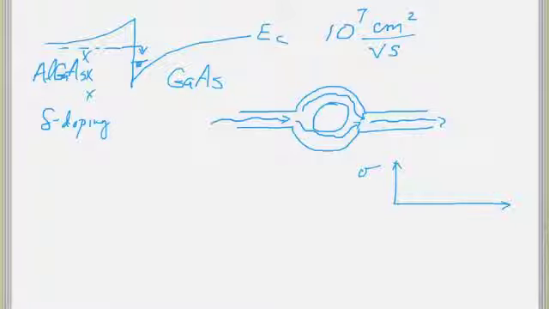Okay, so there's conductivity. And the way you control the phase is by applying a perpendicular magnetic field. And so the phase depends on the magnetic flux quantum contained in the ring.